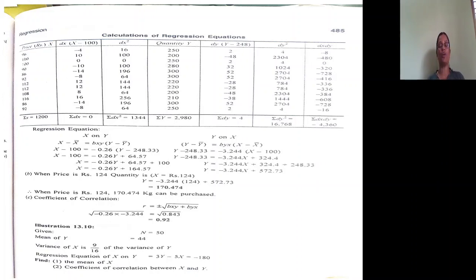Y minus 248.33 is equal to minus 3.244 into x minus 100. Answer is y is equal to minus 3.244x plus 572.73.